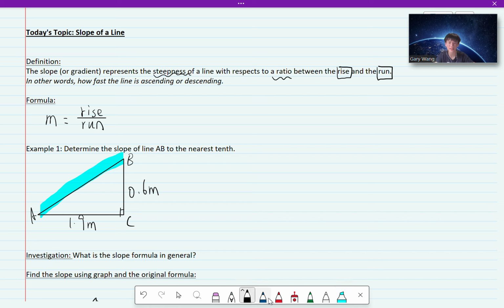And in the diagram, it has already constructed a right angle triangle for us, ABC. And we can see that AB, the line segment that we are looking for, serves as the hypotenuse. And we have two legs with known distance. One is 0.6 meter and one is 1.9 meter.